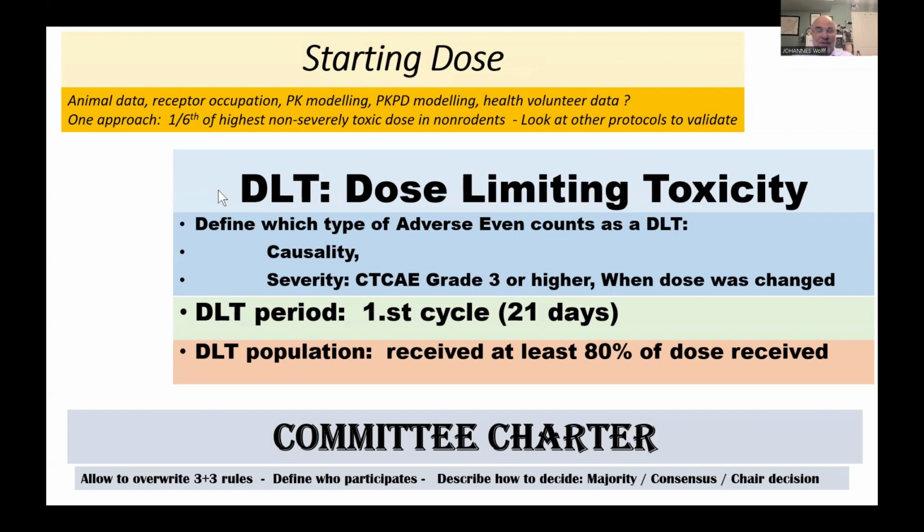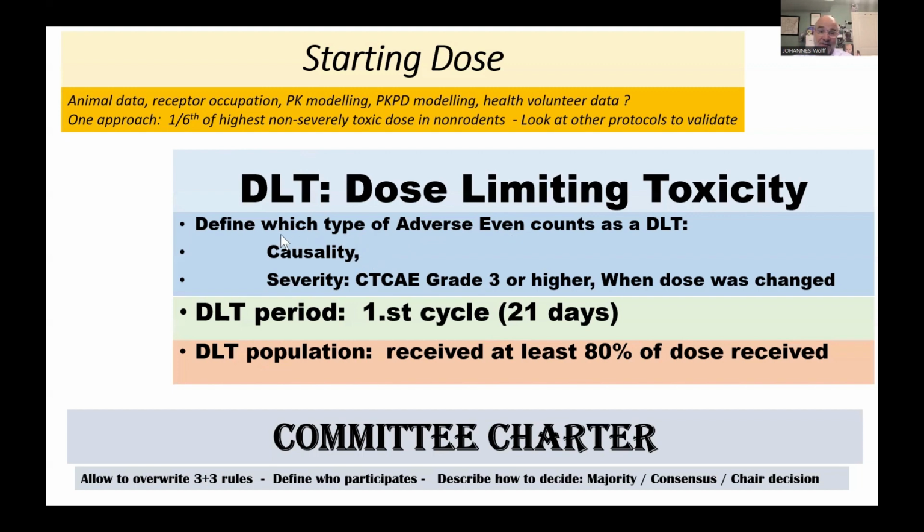There is another very big discussion around the definition of DLTs, dose-limiting toxicities, and part of that is the definition of which adverse event will count as a DLT. This includes causality. Obviously, when we want to find the right dose and we define that dose by the toxicity caused by the drug, we don't want to be led in the wrong direction by adverse events that don't come from the drug, that come from the primary disease or from something else.